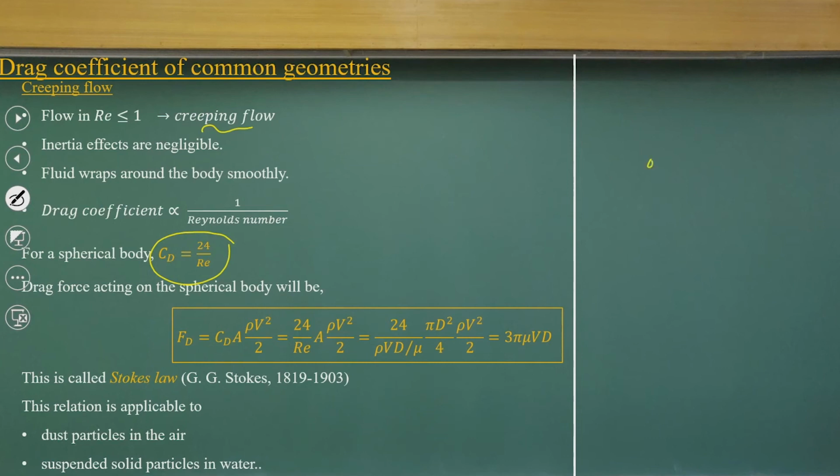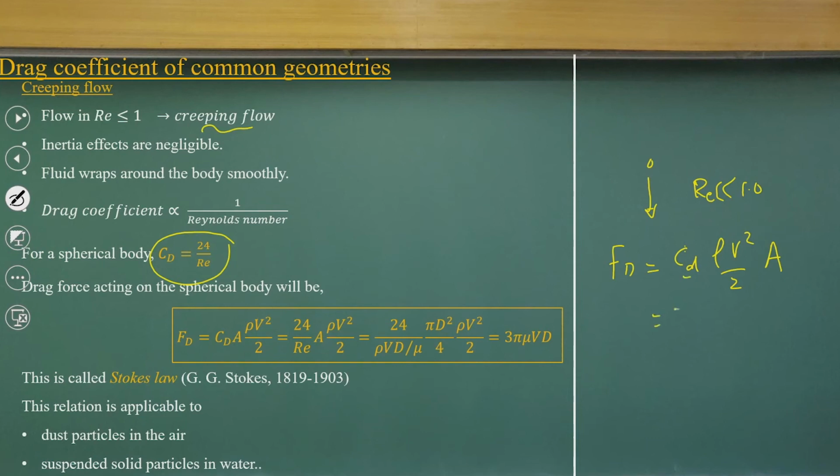That means when you have dust particles with not much wind flow, the Reynolds number will be much less than 1 or close to 1. In that case we have the same formula: Cd times rho V squared by 2 times area.